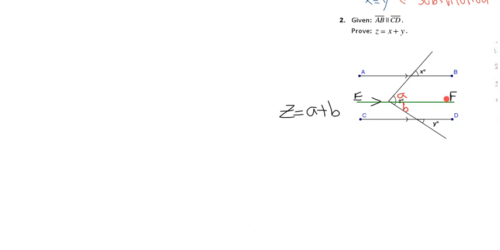And what do we know about corresponding angles? We know that they are equal, so X is equal to A, so I can substitute over here the X in the place of the A.